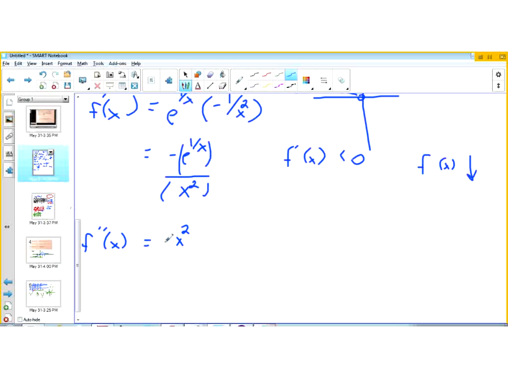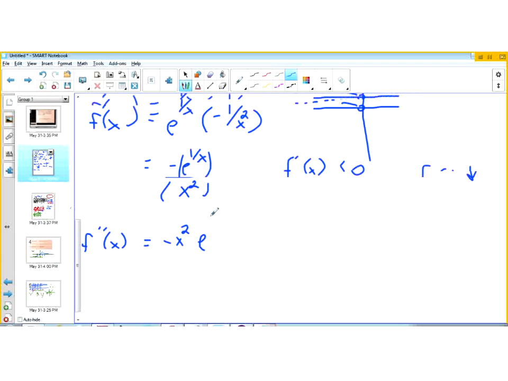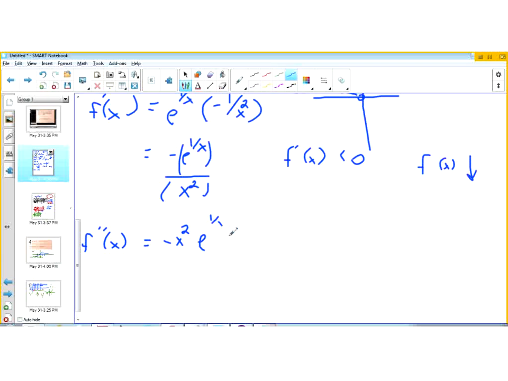We can use the quotient rule for differentiation. So that would be x squared, the bottom, times the derivative of the top, minus the top times the derivative of the bottom, all over the bottom squared.